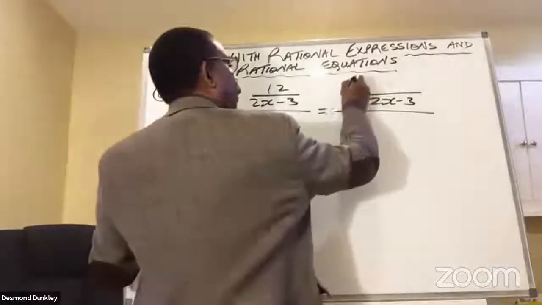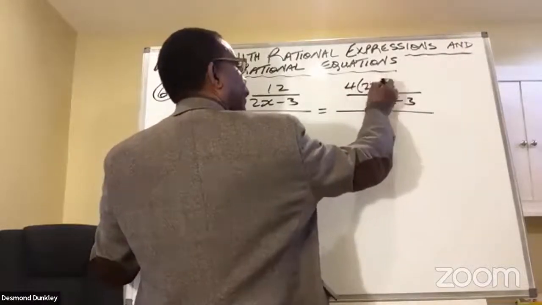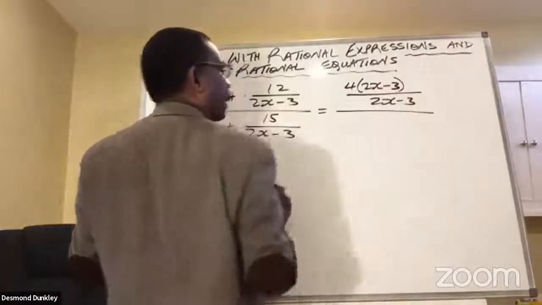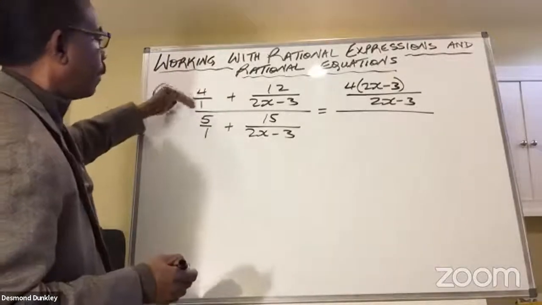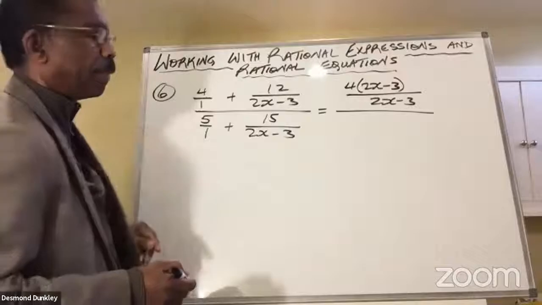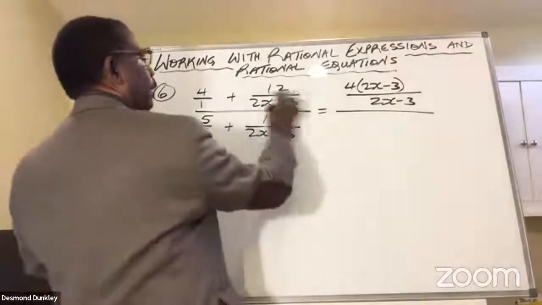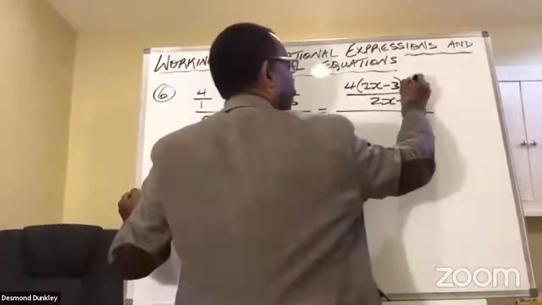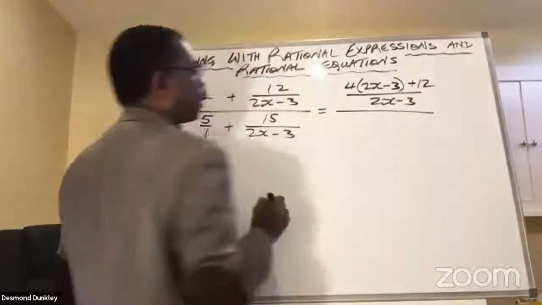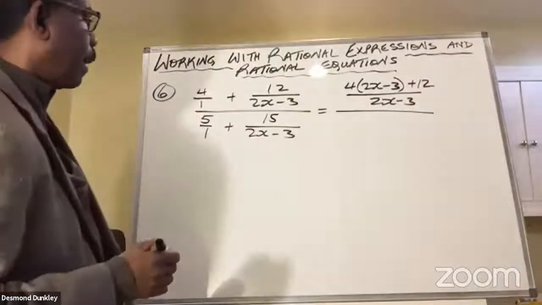So now we end up with 4 times 2x minus 3. That's what you have to do to the top, so that the bottom and the top become the same. This was already 2x minus 3, so I just need to put plus 12. What about the bottom?